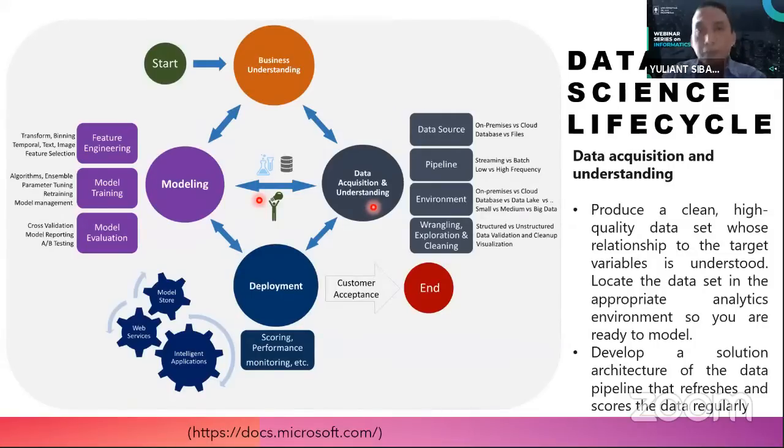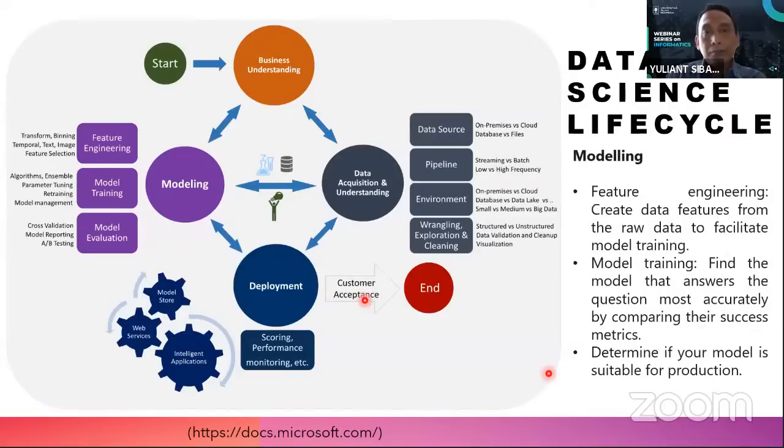In data acquisition and understanding, the target is to produce a clean, high-quality data set whose relation to the target variable is understood. Look at the data set in an appropriate analytic environment so you are ready to model. And develop a solution architecture of the data pipeline that refreshes and scores the data regularly.